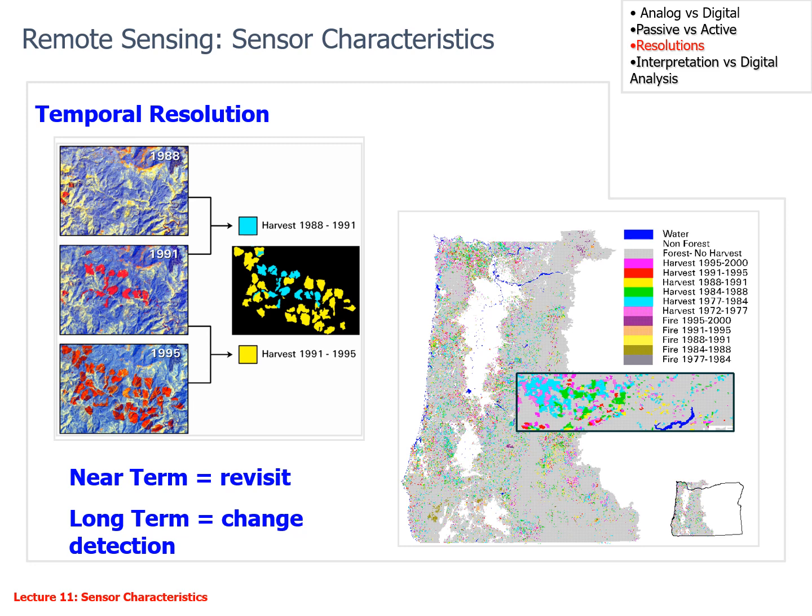By 1995, a large area of this subset has been clear cut. Because the blue areas and the red areas are so distinct, it's very easy to come up with a classification that allows you to say something was harvested between 88 and 91, or between 91 and 95, and then combine those in a GIS to give you that yellow and cyan map.